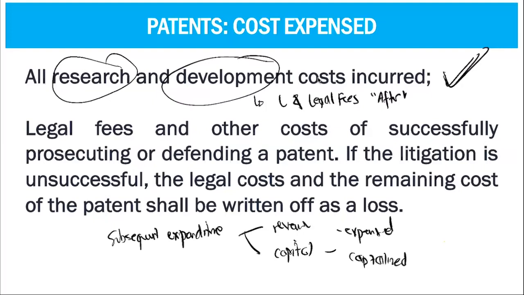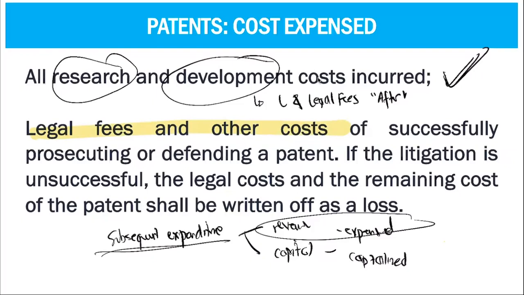So what are the revenue expenditures considered to be expense as a subsequent expenditure on your patent? That is your legal fees and other costs of successfully prosecuting or defending a patent. So any legal costs on a particular case as to your patent must be expense. Any legal costs on defending or prosecuting your patent must be expense.